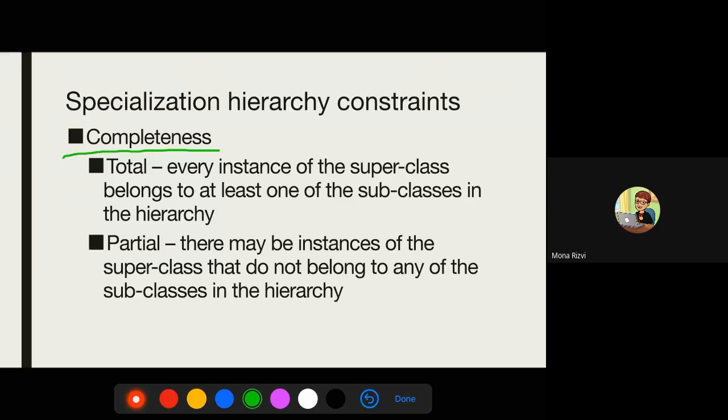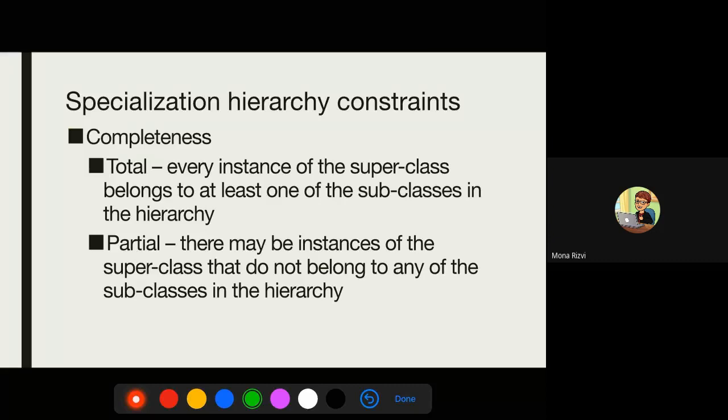So now let's see how to indicate those two constraints on this same example hierarchy with the employees. So the employees, we broke them into two different hierarchies, and that's completely possible.